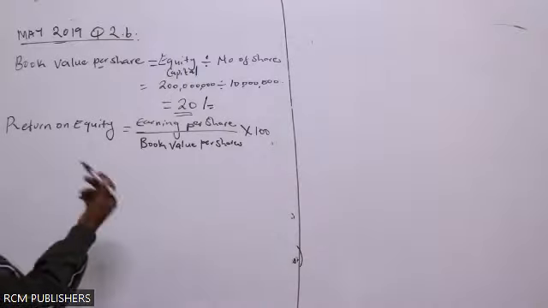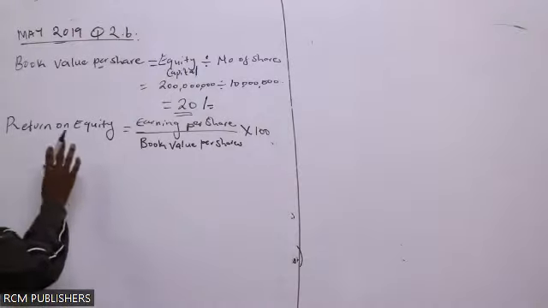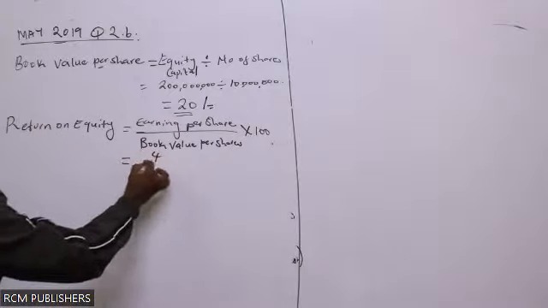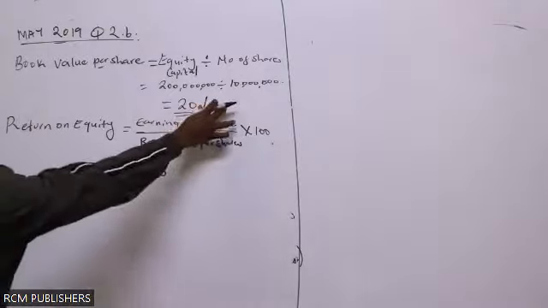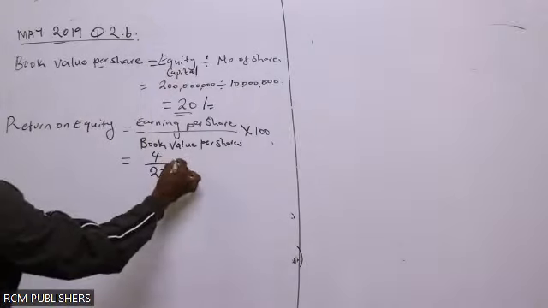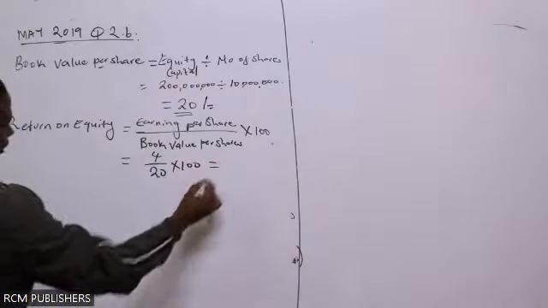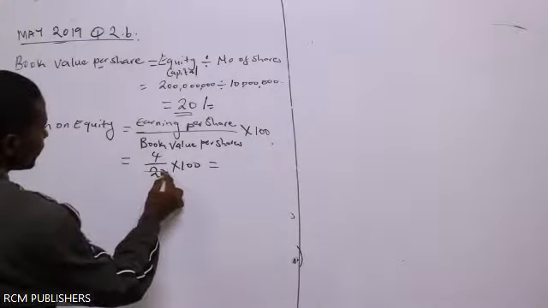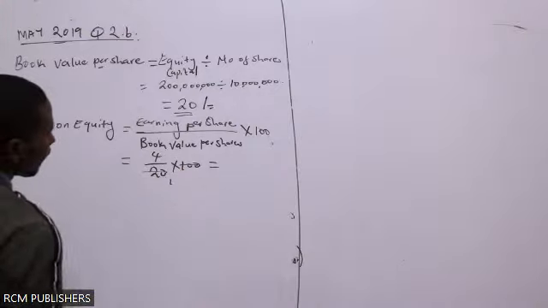Therefore, it is easier for me to compute the return on equity. It's 4 divided by 20, where 20 is my book value per share, and then I multiply this by 100.